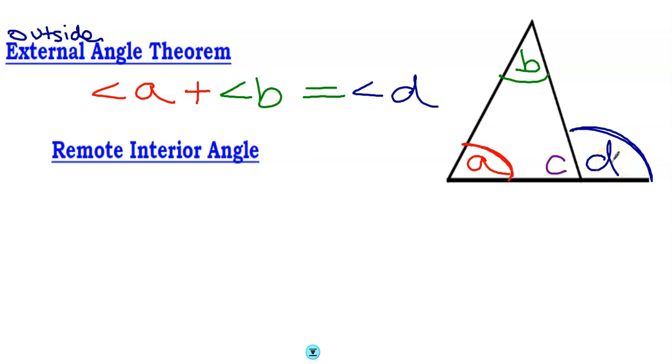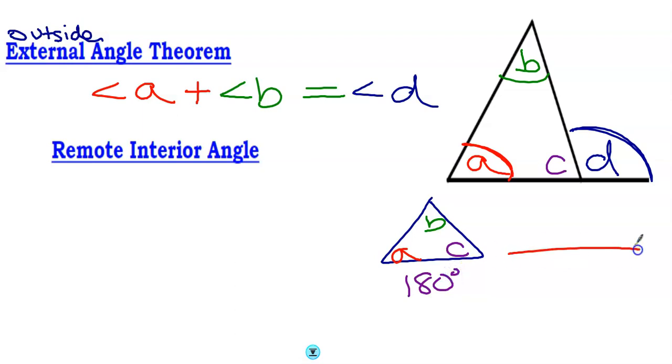And why is that? Because there is a relationship between three angles that add up to 180 degrees. So these three add up to 180 degrees. And angle C and angle D, because they share a straight line, they are a linear pair, that also adds up to 180 degrees.